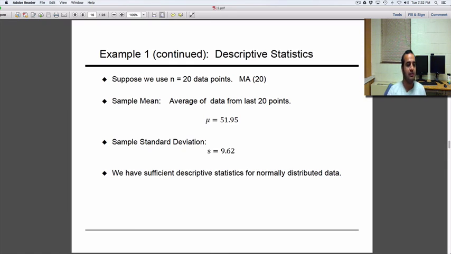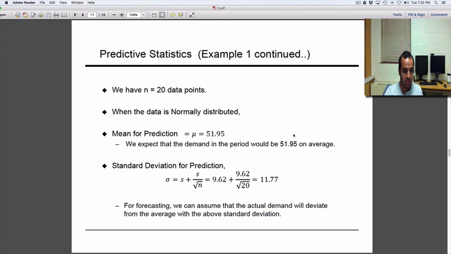However, the standard deviation for the prediction needs to be adjusted from what we calculated in the descriptive statistics. So the standard deviation for prediction is sigma, which equals S, 9.62, plus 9.62 divided by the square root of 20, which comes out to be 11.77.